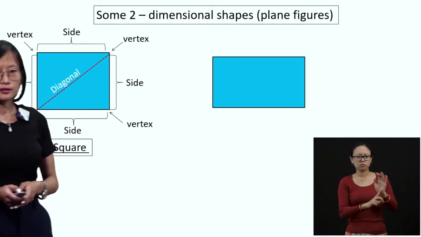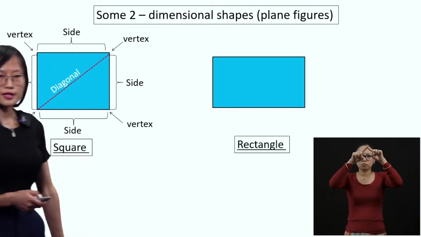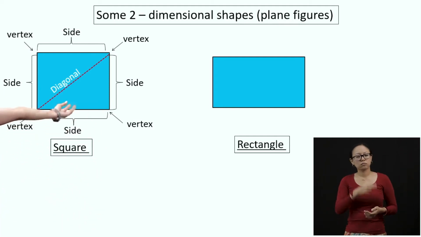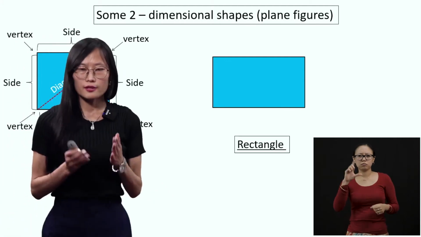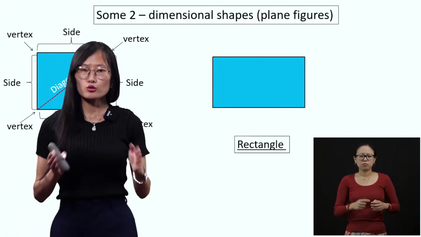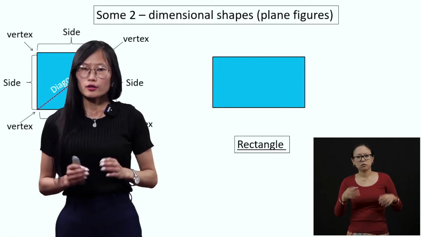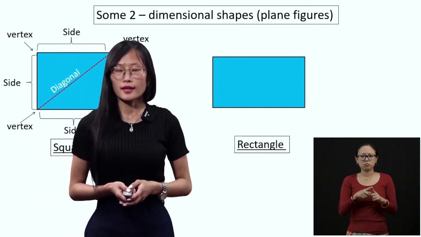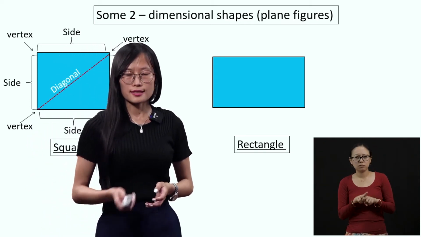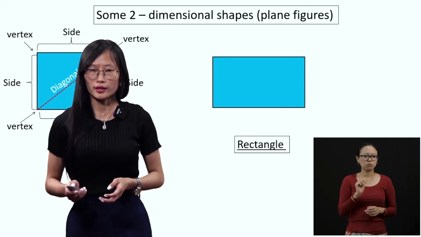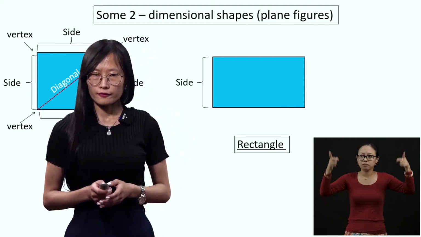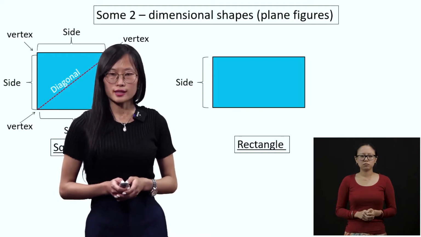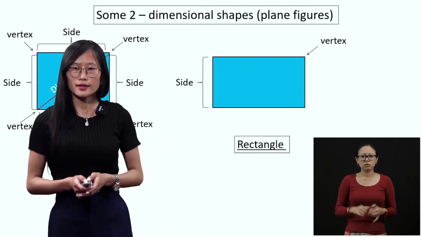Another diagram we have here is a rectangle. This rectangle is similar to a square, right? But the difference is that a rectangle has only two opposite sides equal, and it has only two dimensions, that is length and breadth. Just like the square, we have four sides and four vertices. This is a side, this is a vertex.